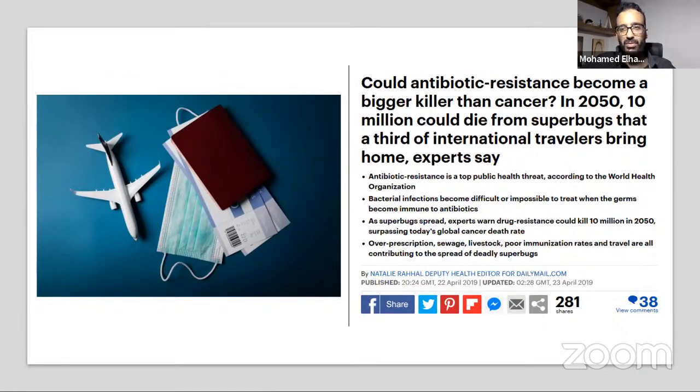And what I mean here also is that these types of crises are not confined to a single area, because of our traveling. So what we mentioned here is that a risk anywhere is a risk everywhere. And because we travel, if we recall, one of the main resistance mechanisms for antibiotics is New Delhi metallo-beta-lactamase, and it was named so because it was first reported in a British patient who traveled to India, and then he brought this antimicrobial resistance gene.